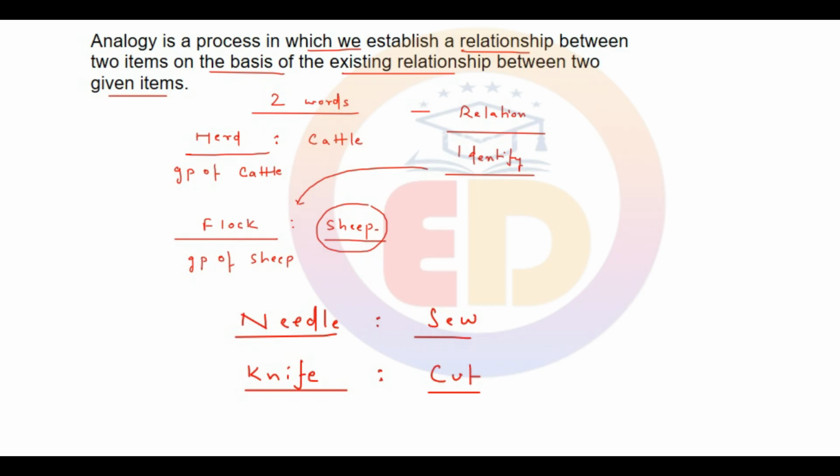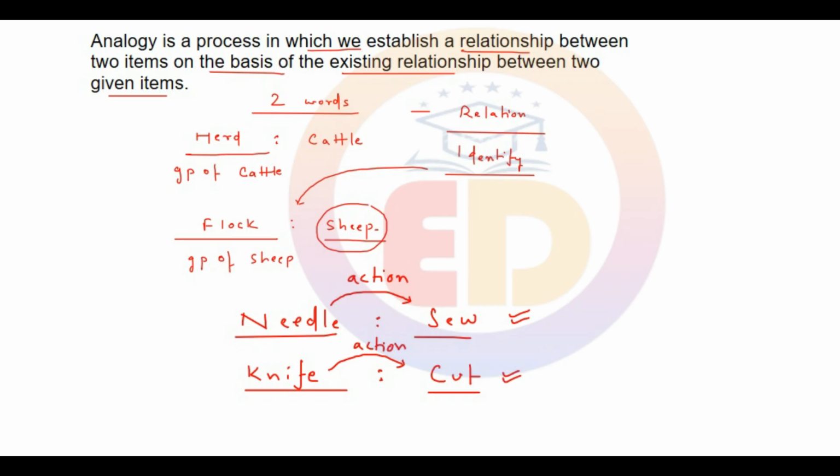Understanding this relationship, basically the function of needle is to sew, or the action of needle is to sew. We have identified the relationship in the first set of words, and now we have to apply similarly the action of knife. The action of knife is to cut.